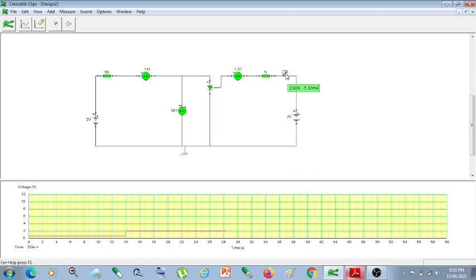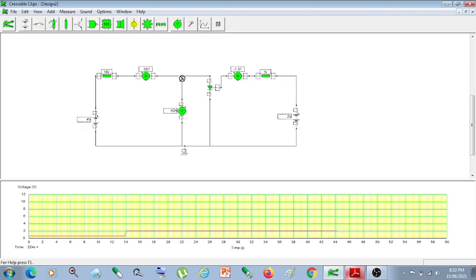So now what I'm going to do is change the input value. See what is going to happen. I'm changing the input value to 4 volt, and see the value is changed. So you note it down.